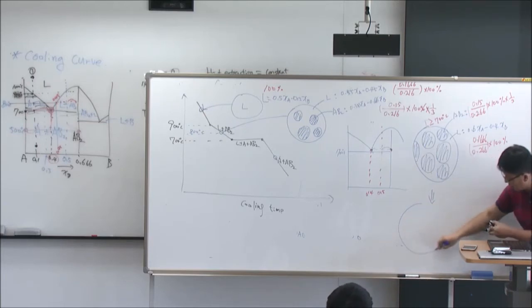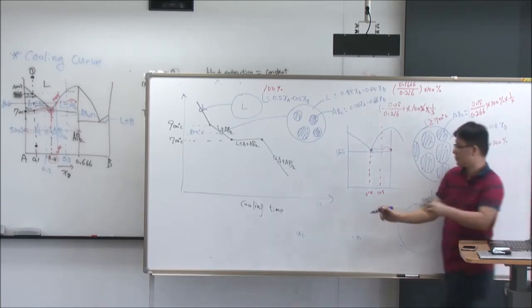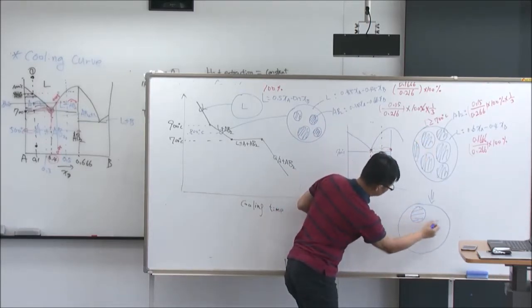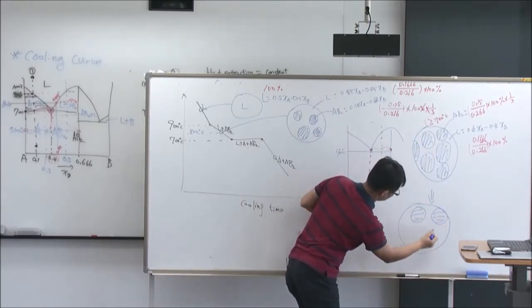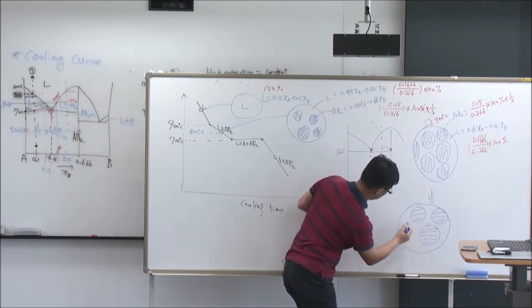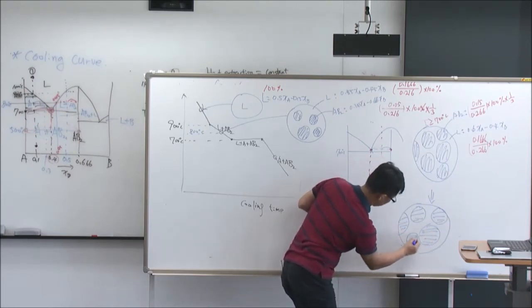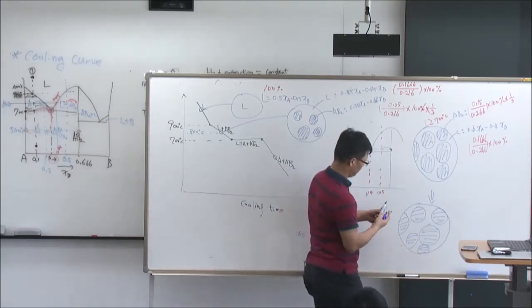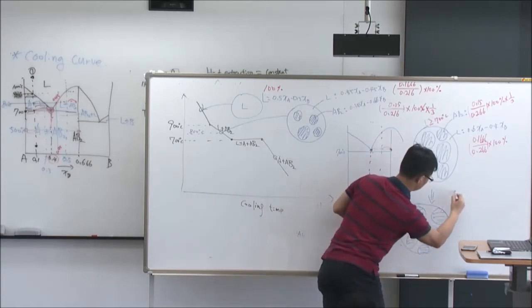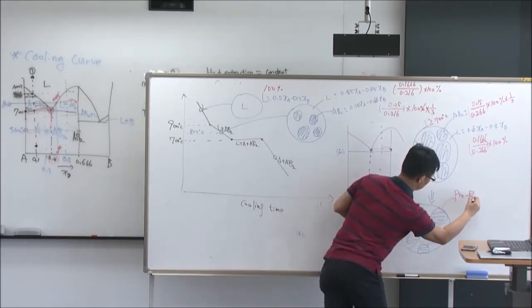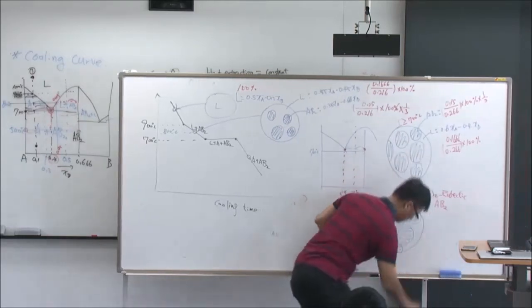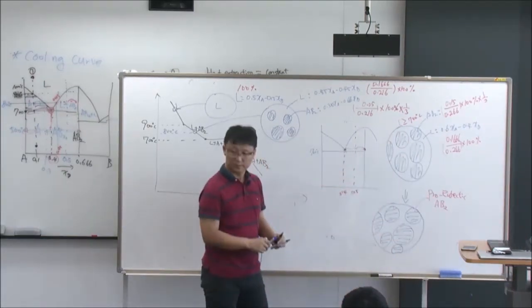And then if you cool it down to now 500 degrees Celsius, all the solid A was existing as it is, AB was as it is, and the eutectic AB2 phase as it is.